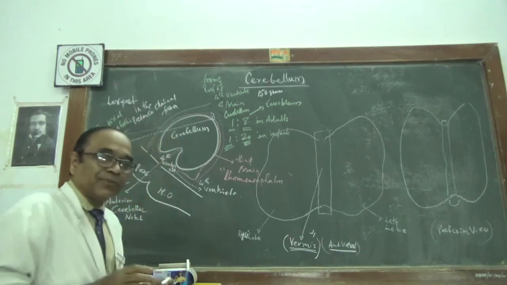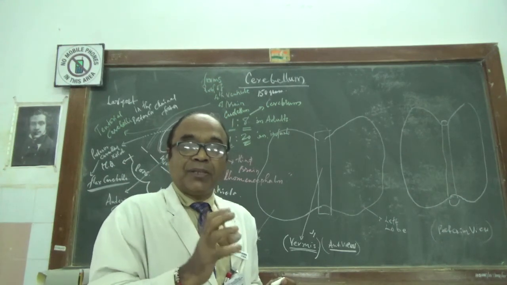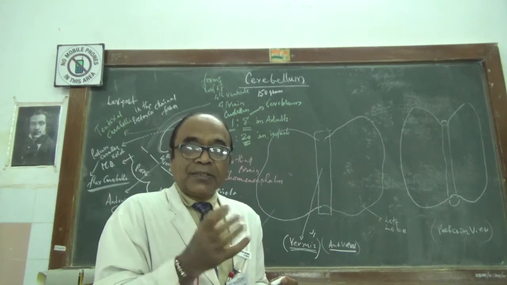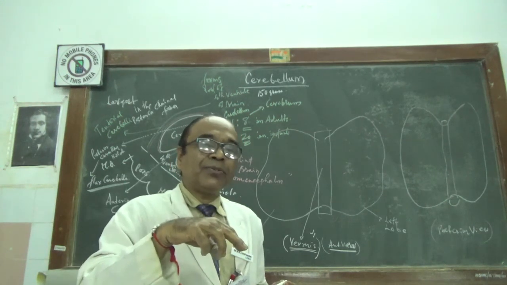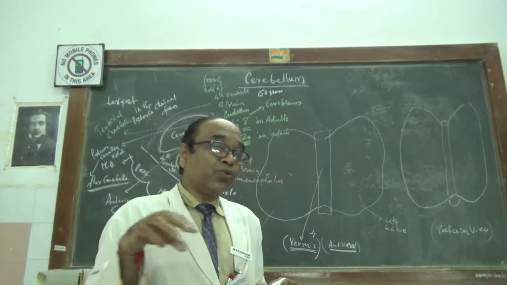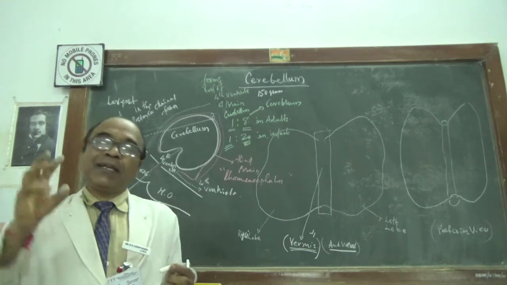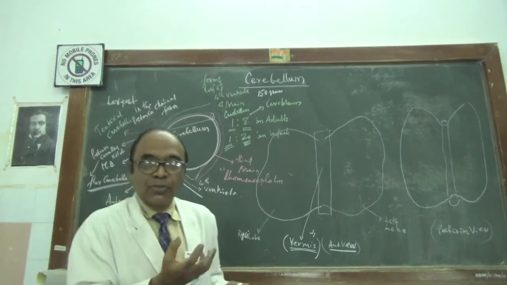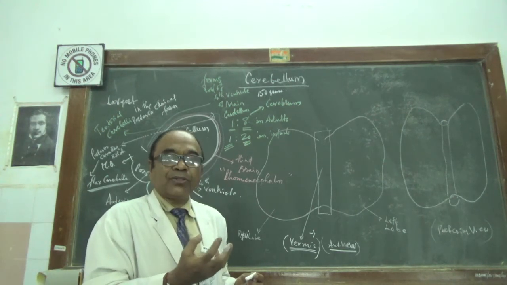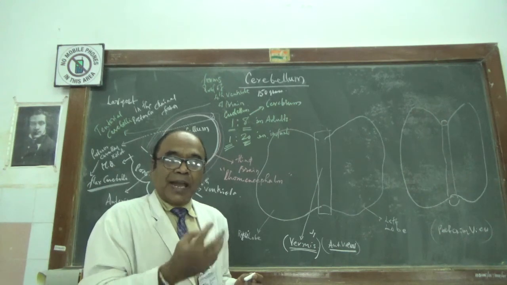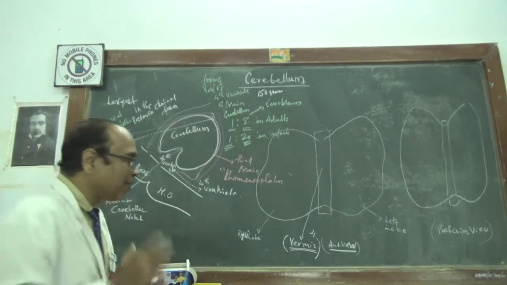The cerebellum lodges in the posterior cranial fossa, one on either side of the internal occipital crest, below the groove for the transverse sinus, and behind and above the foramen magnum, present at the internal part of the occipital bone in the posterior cranial fossa.